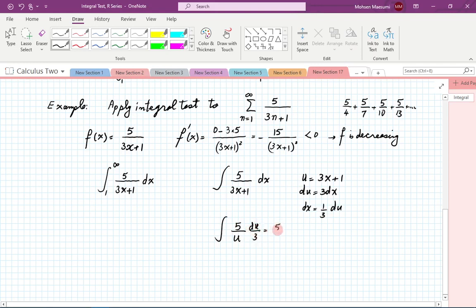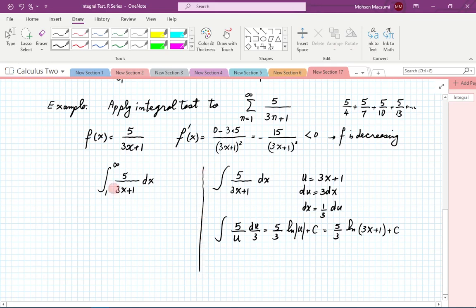So it becomes 5/3 of logarithm of absolute value of u plus a constant. So that is 5/3 of logarithm of, the value of the function for me is positive, so I don't need the absolute value, 3x plus 1, plus a constant. Okay, so that is how to do the indefinite integral.